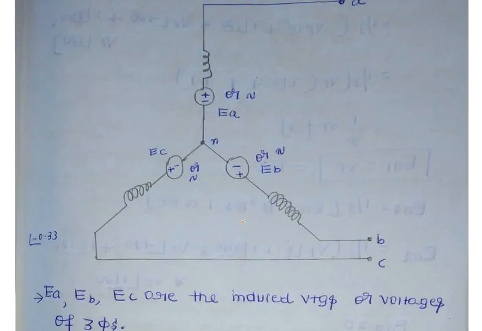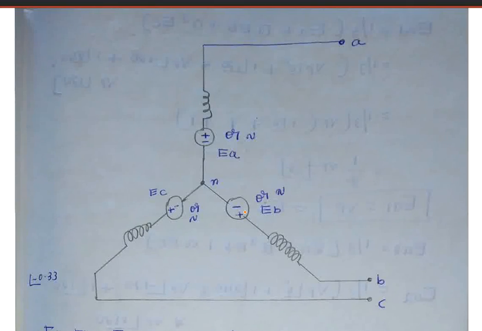Let us assume the generator is connected in star. A, B, C are the terminal voltages of the generator. Now EA, EB, EC are the generated voltages of each phase.